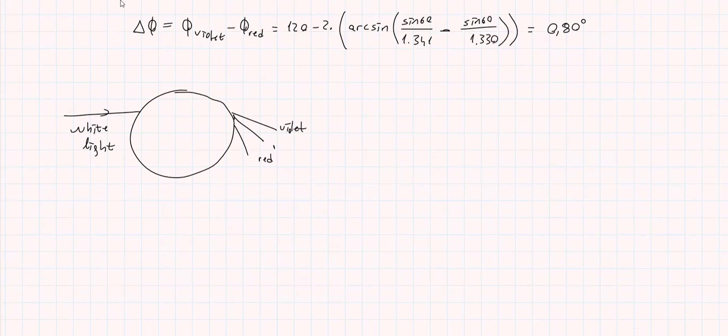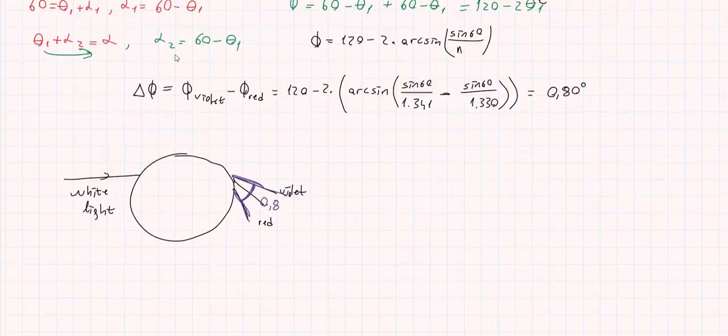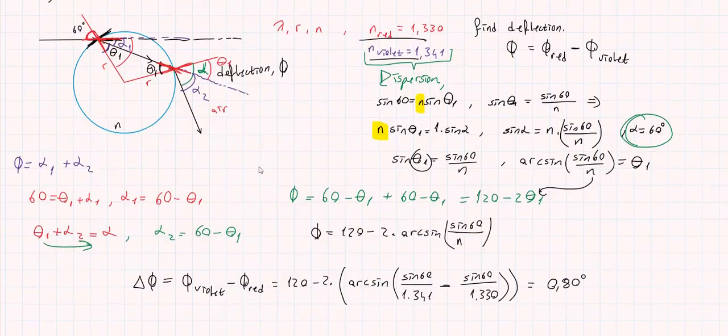Actually, this may not be true, but anyway, then I will have a 0.8 degree difference between these two refractions of the two different wavelengths. So this is the end of this question.